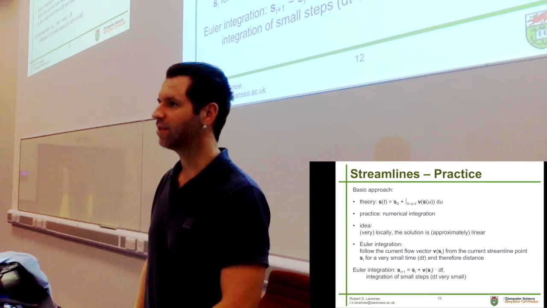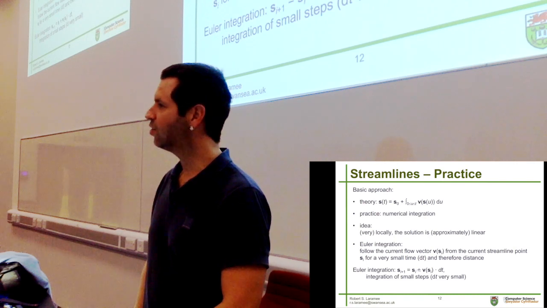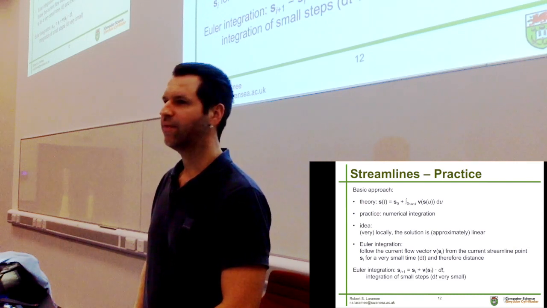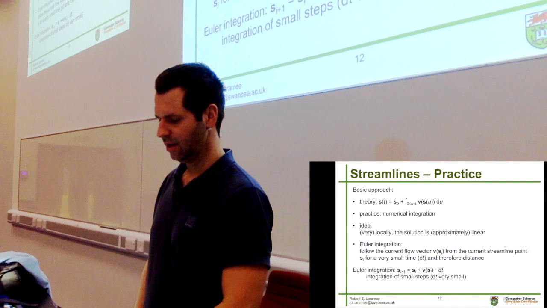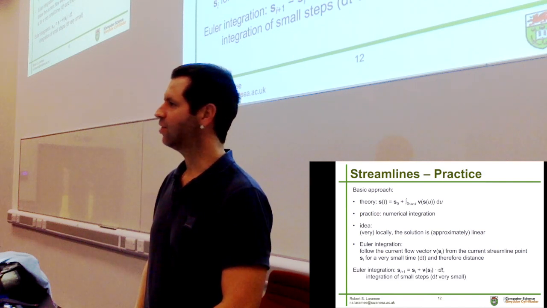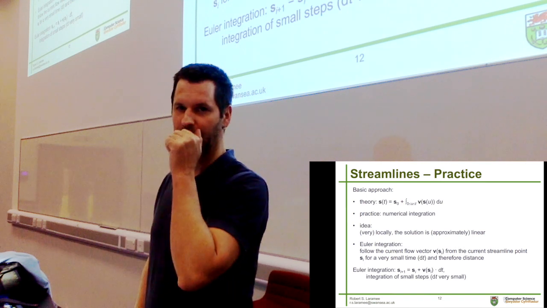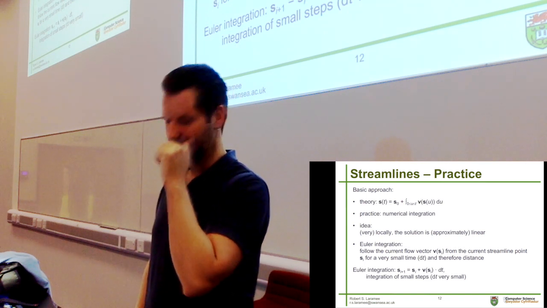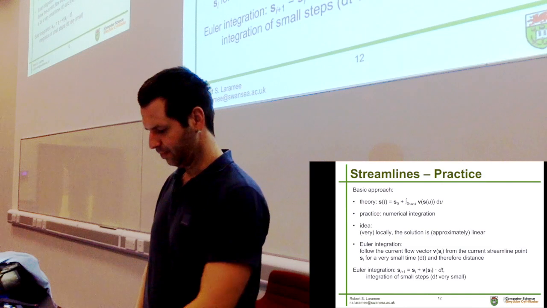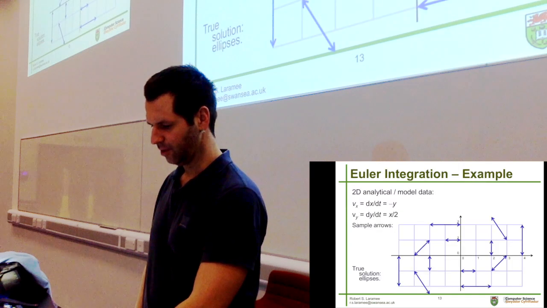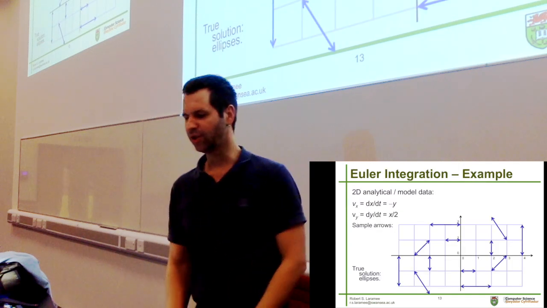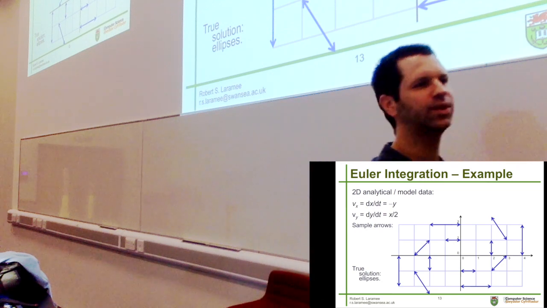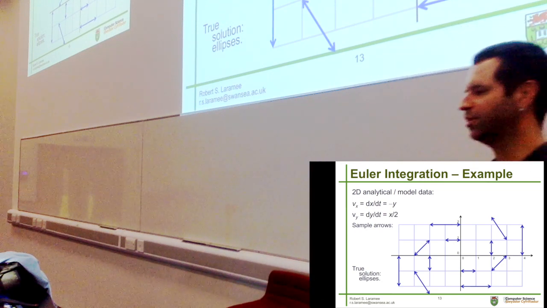The seed would be the starting point. And we add to it the current vector there and multiply it by a very small amount of time, dt. And we get the next point. So that's the formula, and we're going to go through an example now of applying that formula.